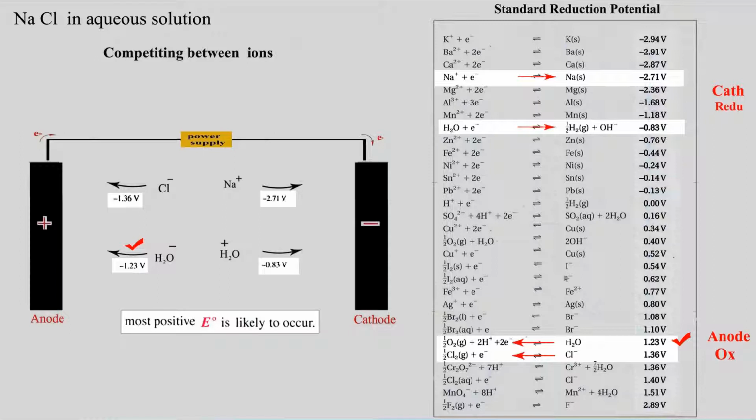Now look onto cathode. Which one gives you the most positive value? Sodium or water? Also, water gives you the most positive value.